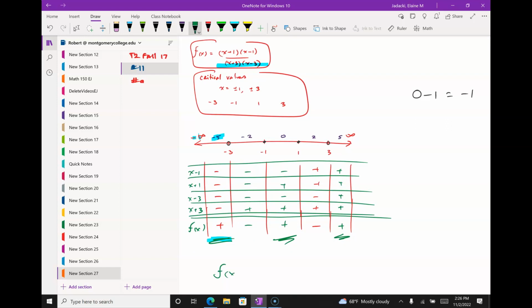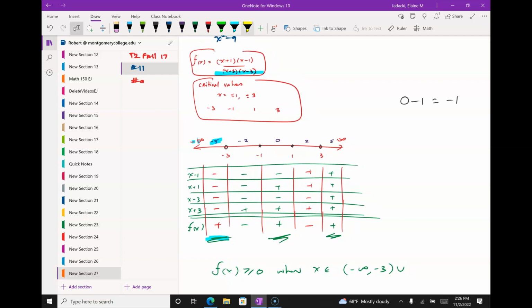So f of x is greater than or equal to 0 when x belongs to minus infinity to negative 3. Why do I have open parens on there? Because I can't get there. I can't get to negative infinity. It doesn't even exist, right? And I can't get to negative 3 because it will make my function have a 0 in the denominator. Union from where to where?